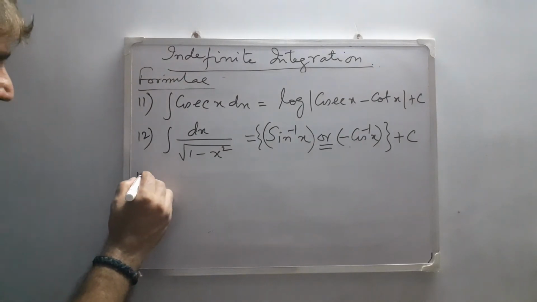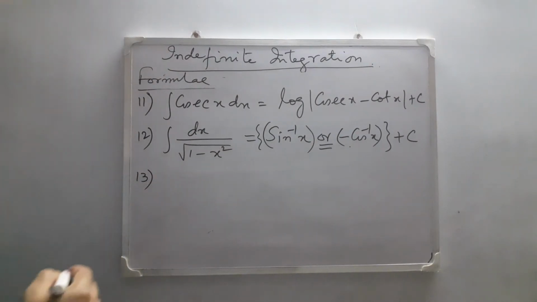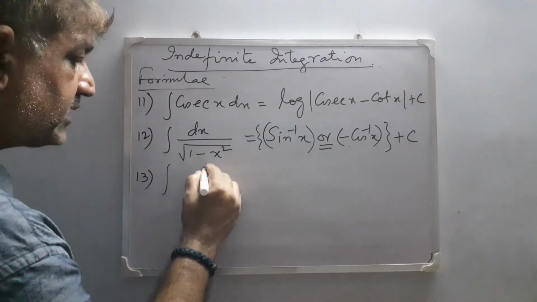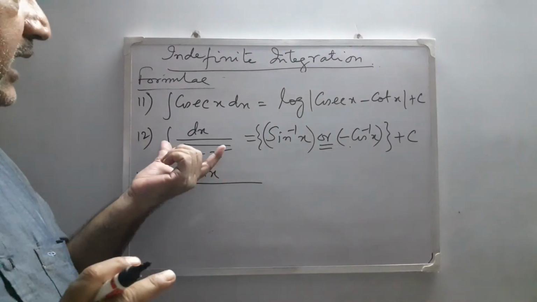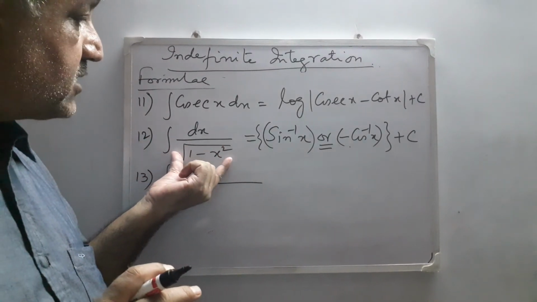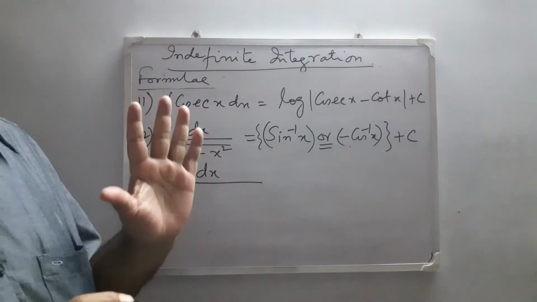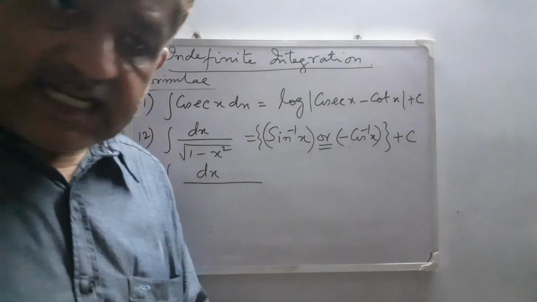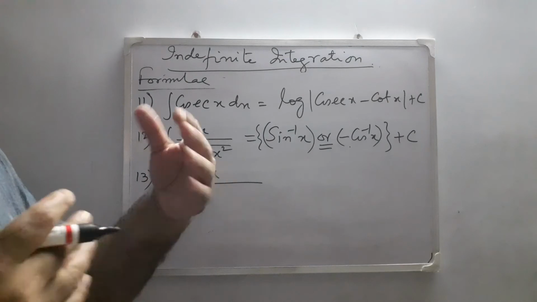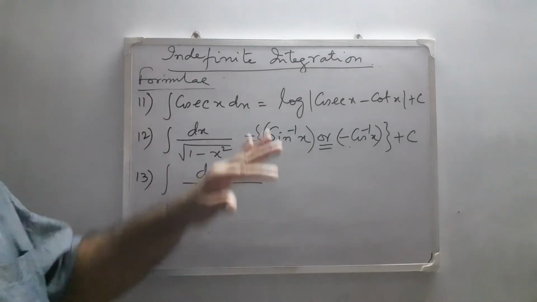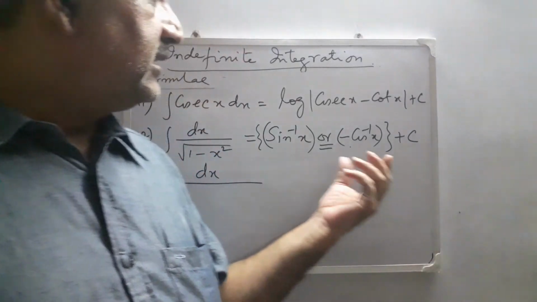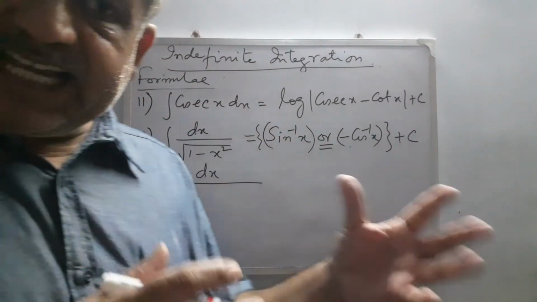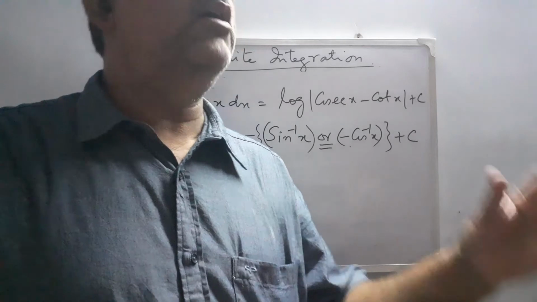Number 13, integral dx by x root x square minus 1. One more thing I have to say, boys: there is a restriction over x in each of these inverse formulae. That thing we will discuss in the next class, in the next video. First of all, try to write all the formulae one by one, and the several complicated cases we will discuss in the long run.